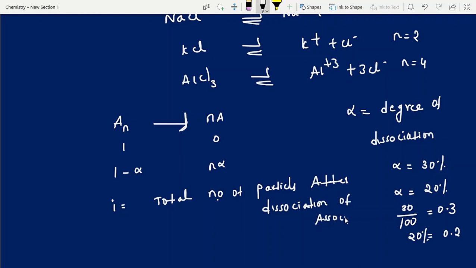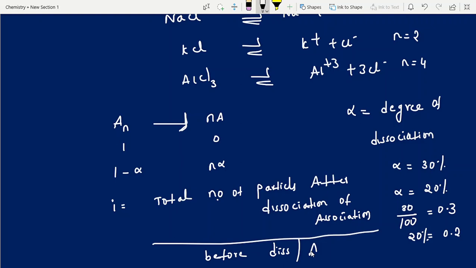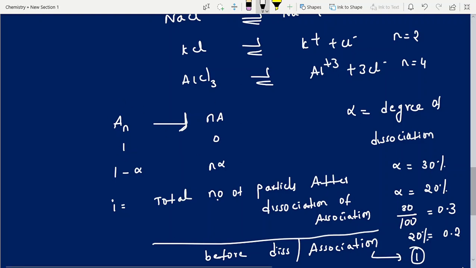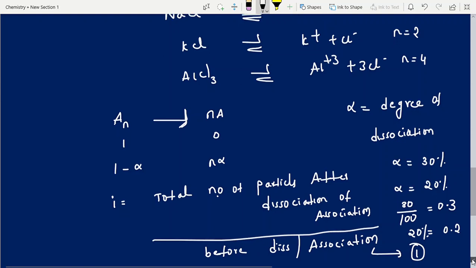Sometimes associated particles we are taking, sometimes dissociation, but here it is dissociation, divided by before dissociation or association. That's it. This value always you will get 1 only, students, because starting always 1, no? That's why finally above numerator only we can take it. Okay. We will simplify this one.